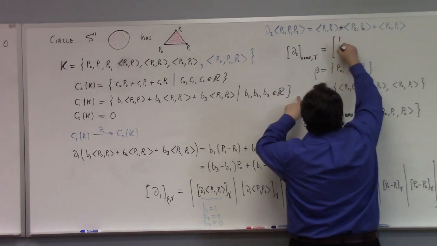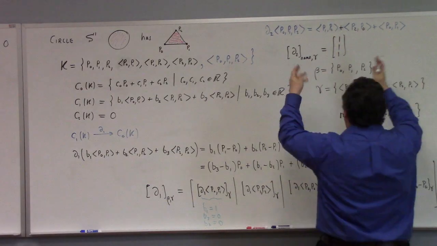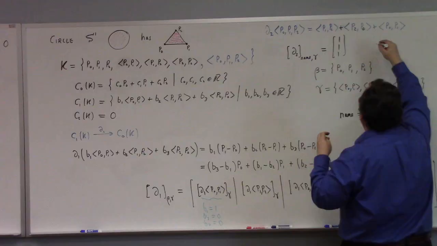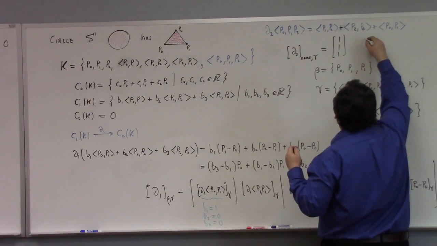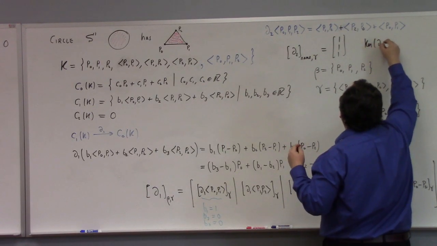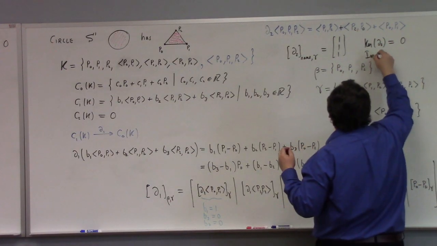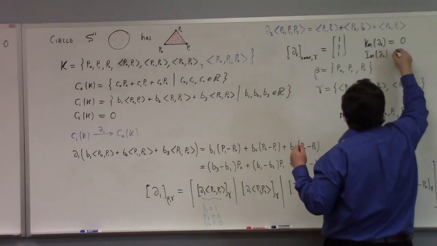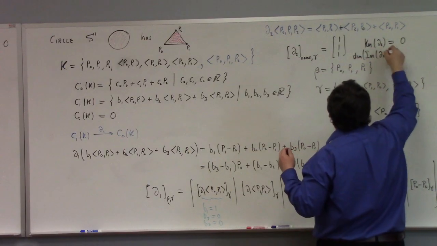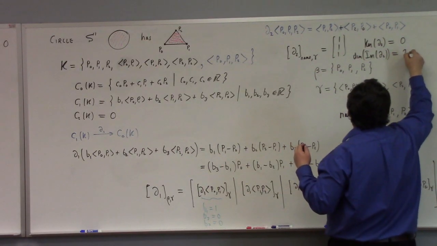All right, there you go. Exciting. So this shows us that the kernel of the boundary 2 operator is 0, and the dimension of the image of the boundary 2 operator is 1, right?